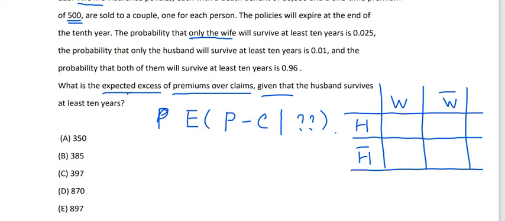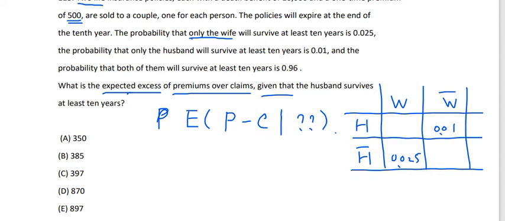So this is the probability that only the wife will survive: wife survives and husband dies. This probability here is 0.025. And only the husband will survive, so the wife will die, this is 0.001.